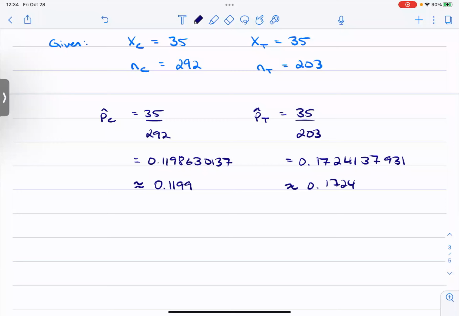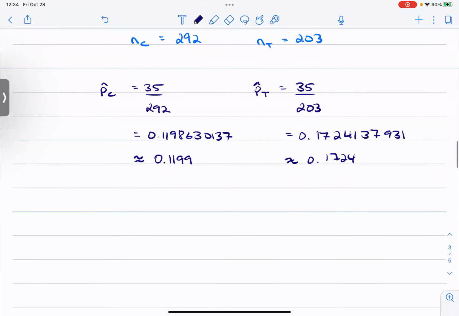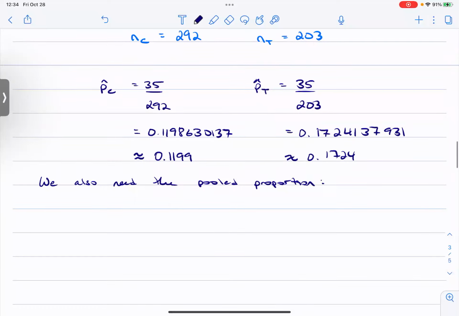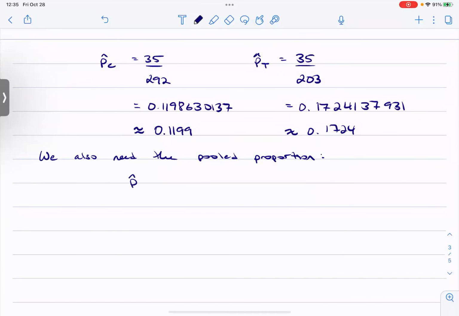We also need the pooled proportion, which is p hat equals xc plus xt, which is 35 plus 35, over the total number in that combined sample.